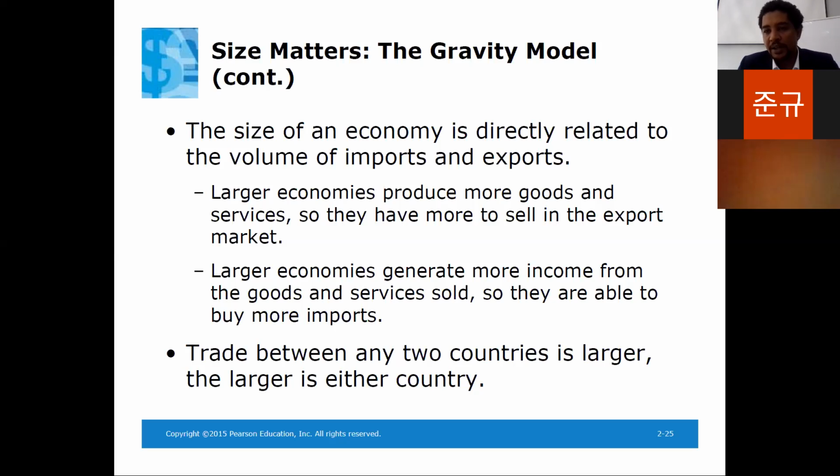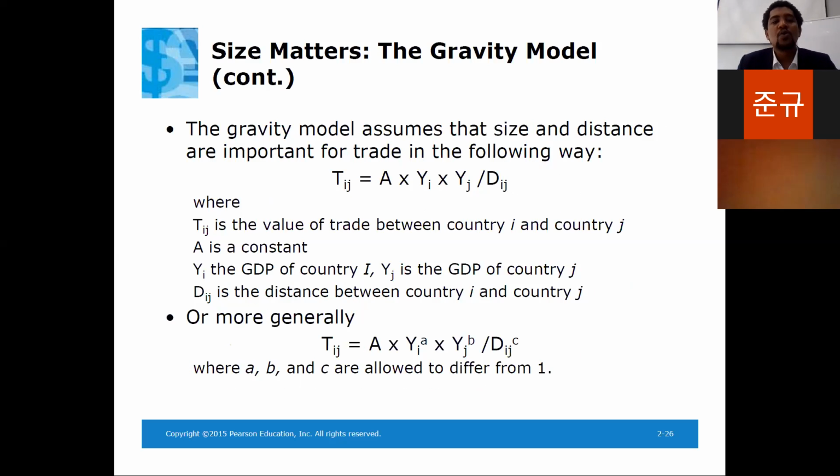That explains why the US has the highest trade with China, because China is the second biggest economy in the world. So if Germany is the next largest economy, then the US would have the highest trade volume with Germany.